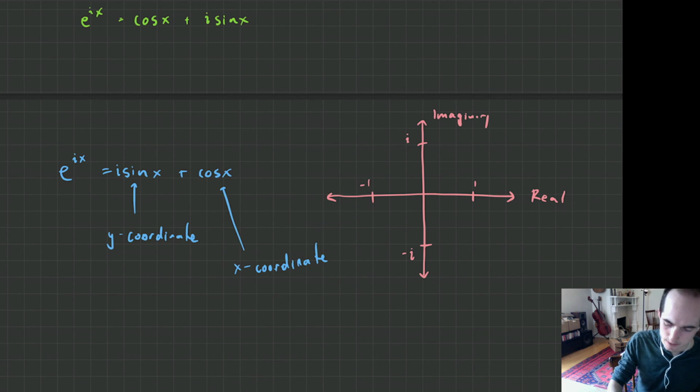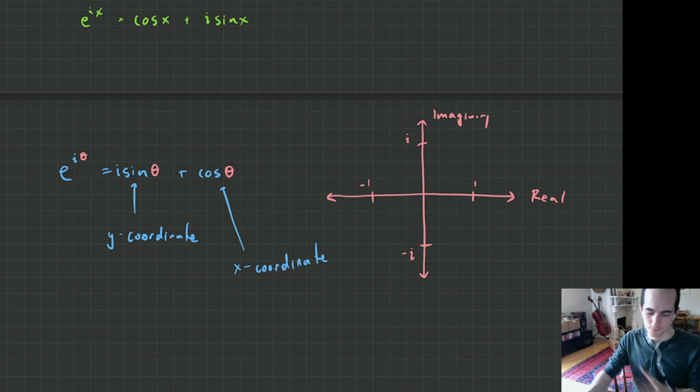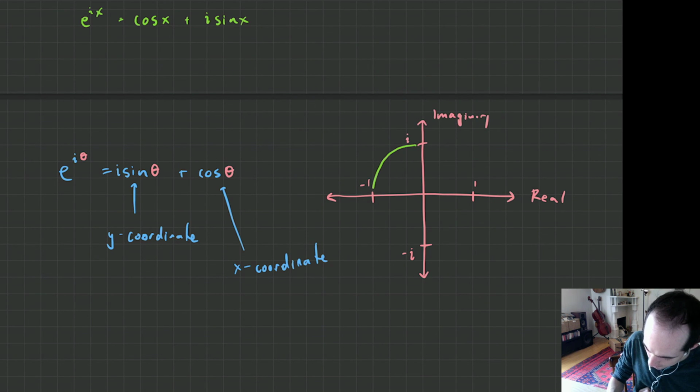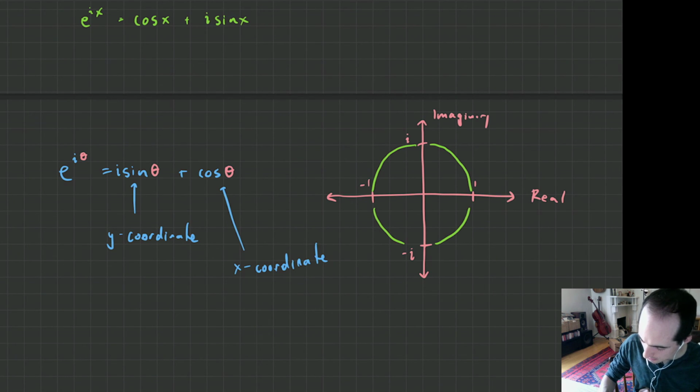And instead of thinking about this in terms of x, because we're dealing with sine of x and cos of x, maybe if we used a different variable like theta, we would see that now we're just talking about angles. This gives us a unit circle around in the complex plane.